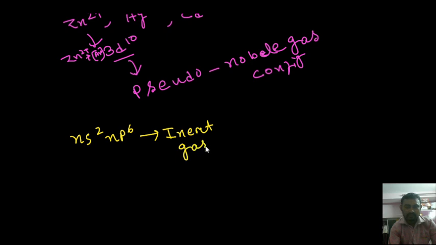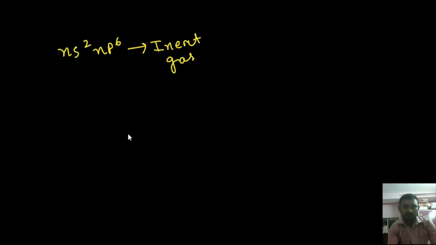But in this case, d is already fulfilled, so this is called the pseudo noble gas configuration. So when the cation has d electrons or f electrons, what happens?